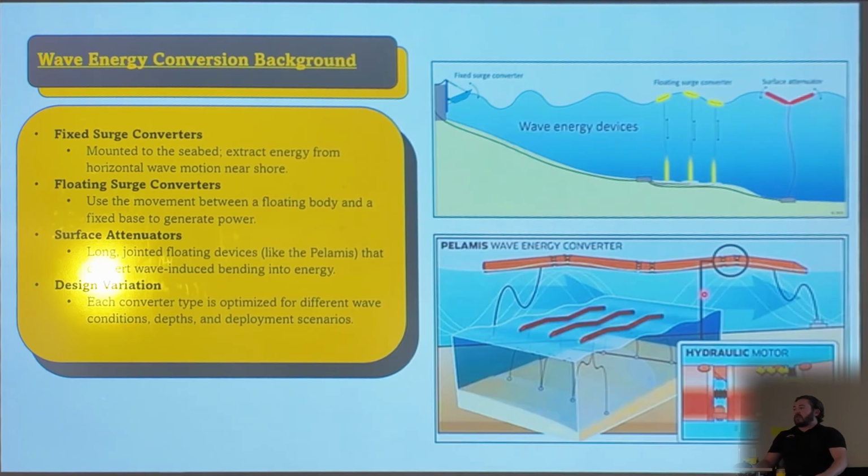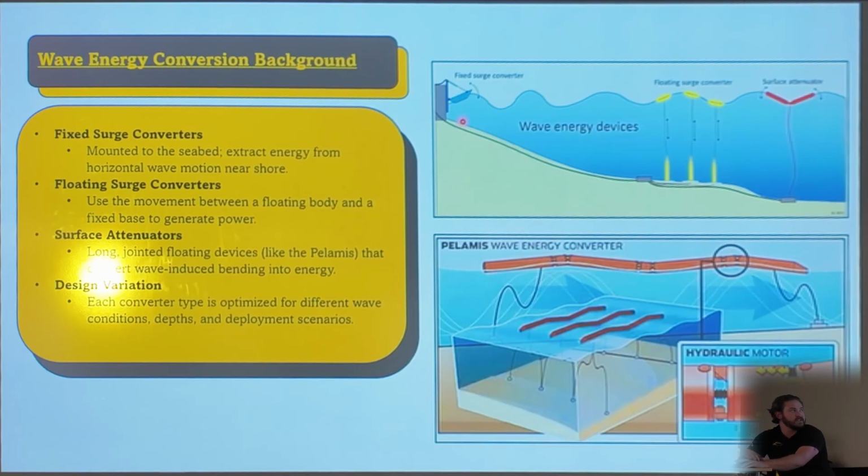So a little bit of background on wave energy conversion itself. There are lots of different devices that harness wave energy currently. Here we have a couple different mainstream methods that are used. There are fixed surge converters, which is here.